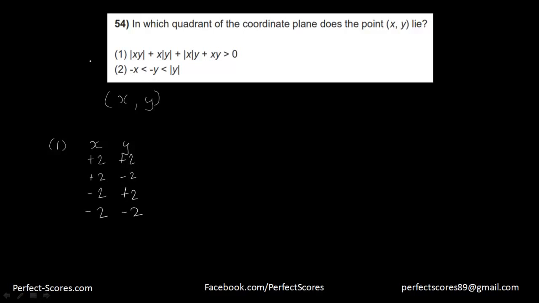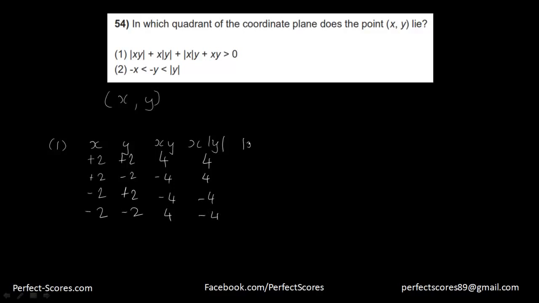Now I have so many things to take care of. I have x into y to take care of. This is going to be 4 here, minus 4, minus 4, and 4. Then I have x into modulus y to calculate, which is going to be 4 here, 4 here, minus 4 here, and minus 4 here.